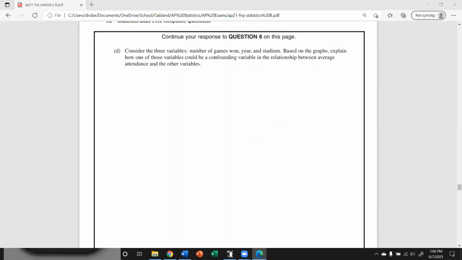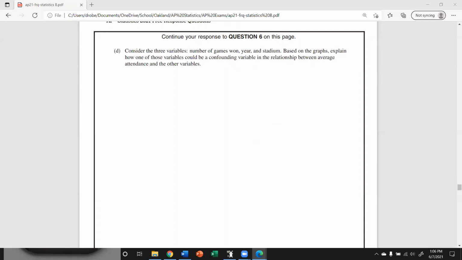So I do have an answer key that somebody else made. Unless you guys have thoughts on the topic. I haven't looked at it really, so I wanted to try and do this one completely. Stadium could be the confounding variable in the relationship between games won as the explanatory variable and average attendance as the response variable.